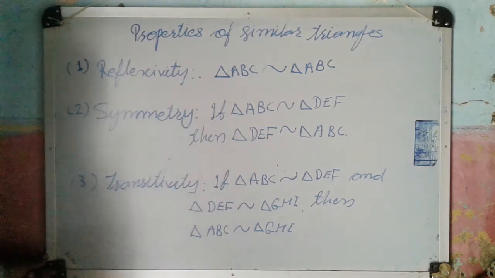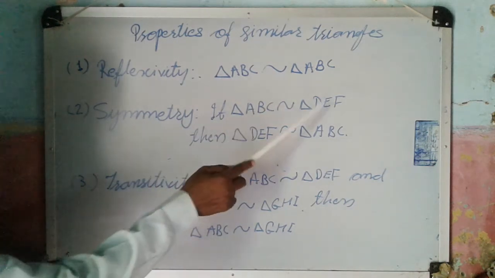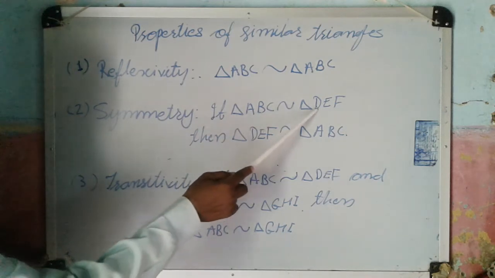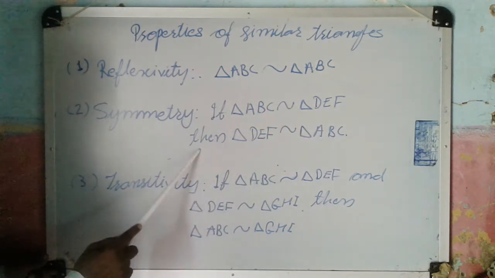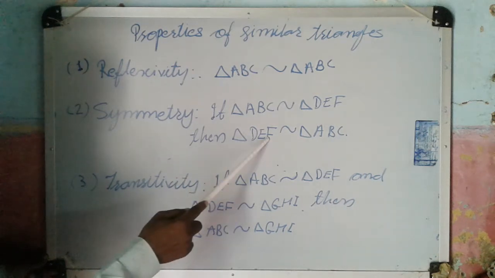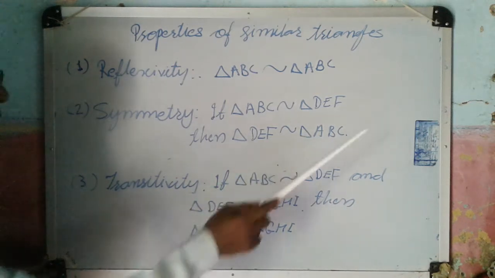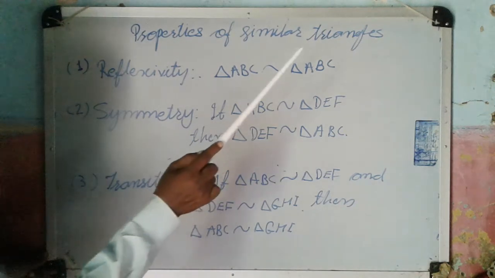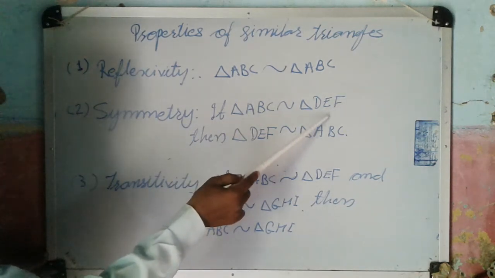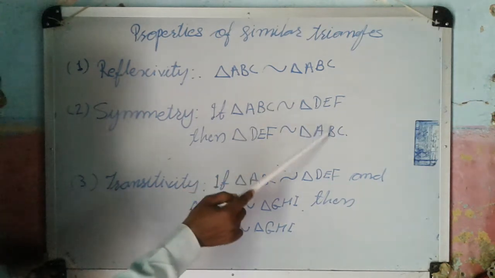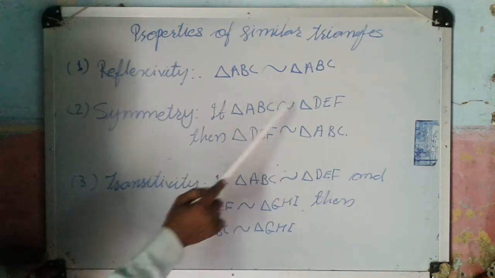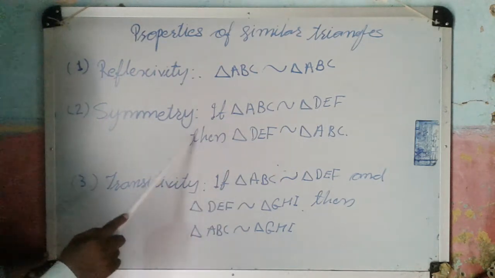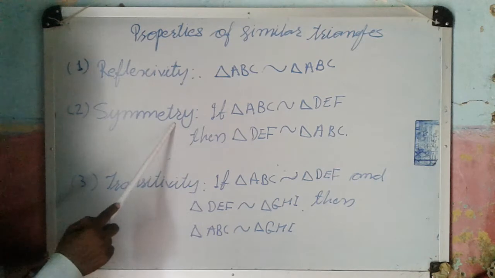If triangle ABC is similar to triangle DEF, then triangle DEF is similar to triangle ABC. That means both triangles are similar to each other.